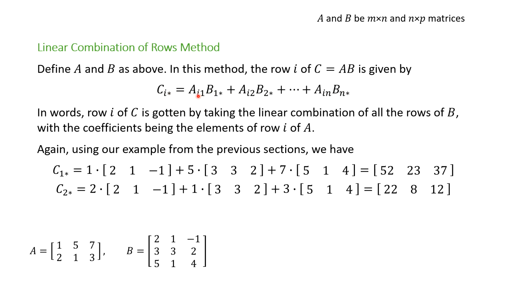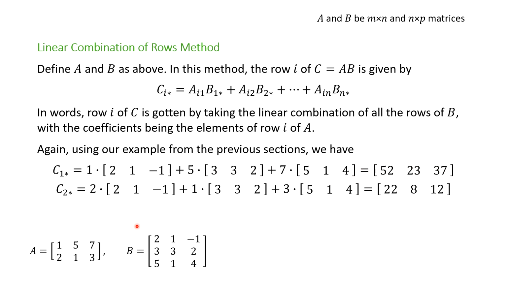So we get A11 times the first row of B, then A12, which is 5, times the second row of B, and then we only have 3 rows and columns, so we have A13 times the third row of B, so A13 is 7. Then we multiply and add those together.